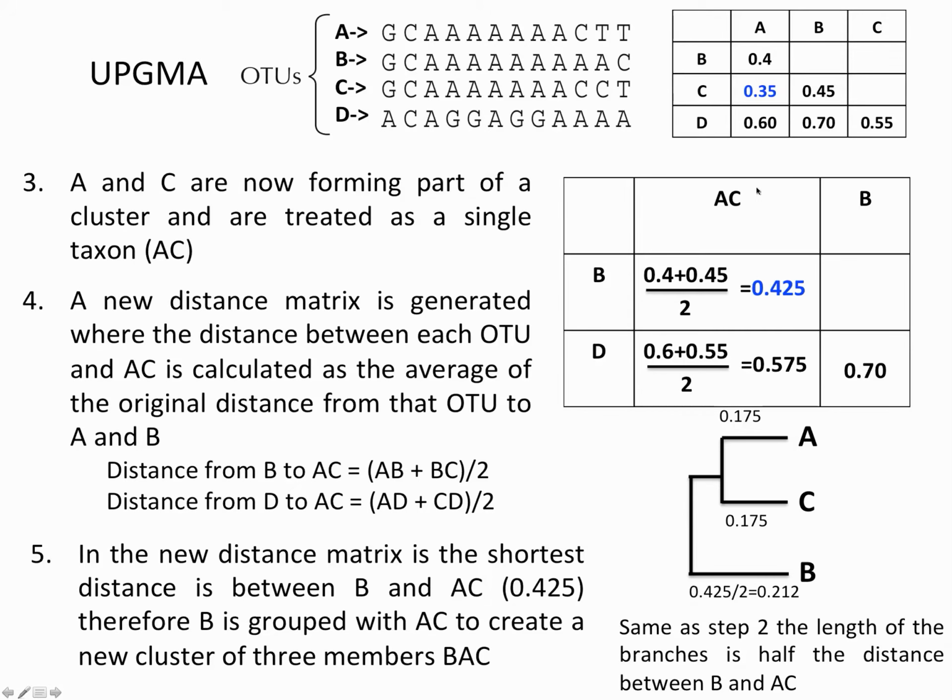Now, instead of this matrix, we construct this reduced matrix, and these two are joined together. The distance between each taxon and the composed taxon, AC, is calculated as the average of the original distances from that taxon to A and C respectively.